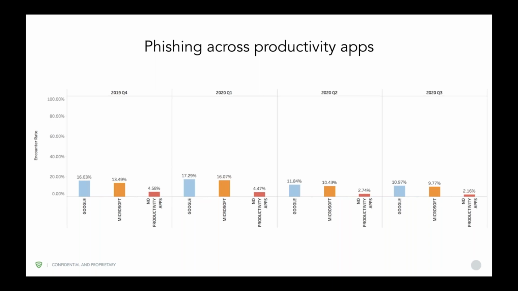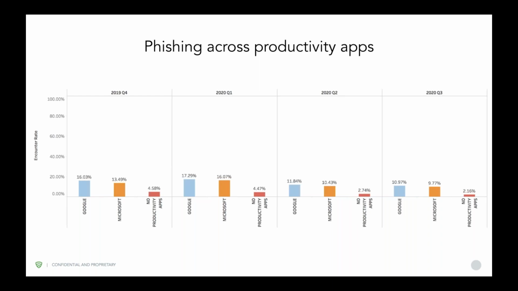And we need these productivity apps to get our work done. Cyber criminals know this, so they target users of these productivity apps because they know that's a very easy way to gain access to a lot of sensitive data for organizations, businesses, schools, etc.